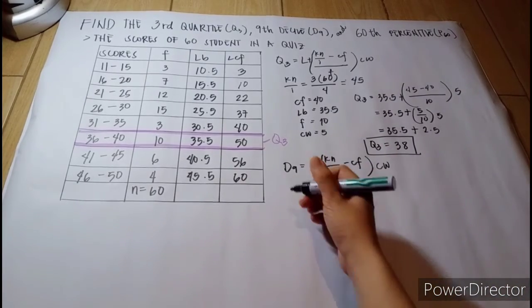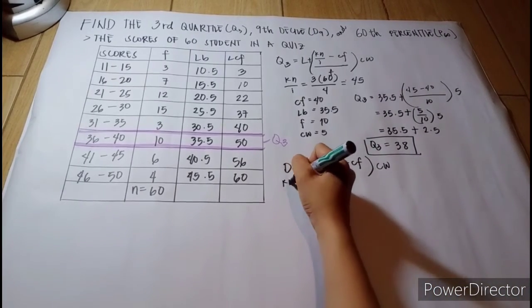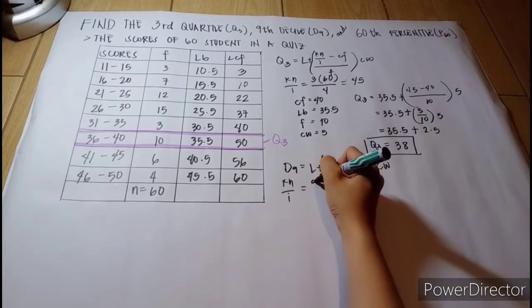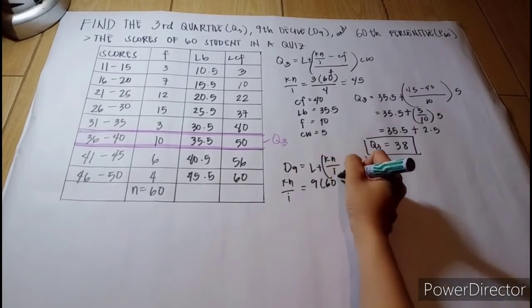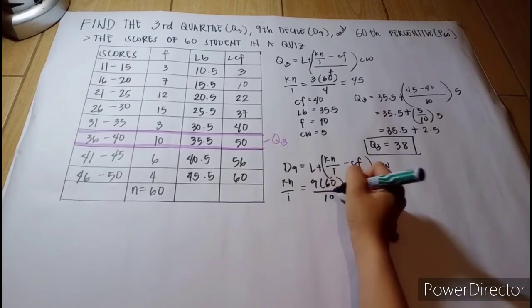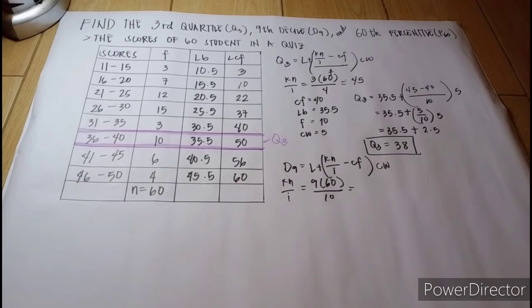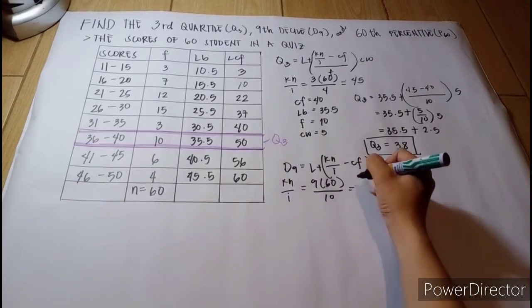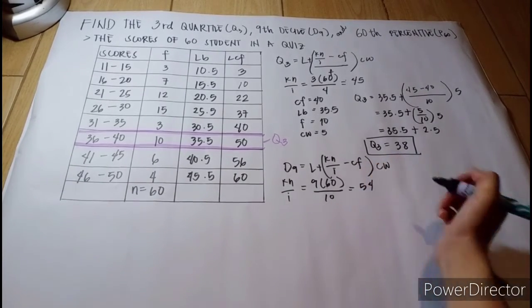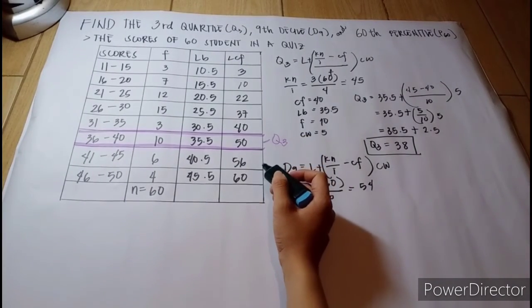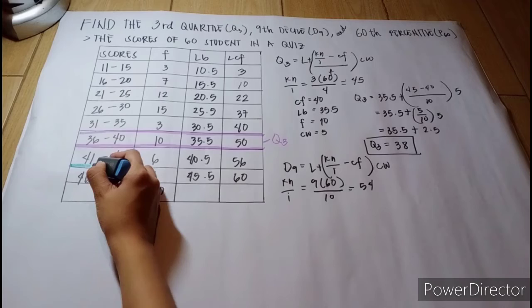So first, again, we need to find the kN over 10. So 9 times 60 over 10, that is 54. So 54 is between 50 and 56. So this is the class that we need.